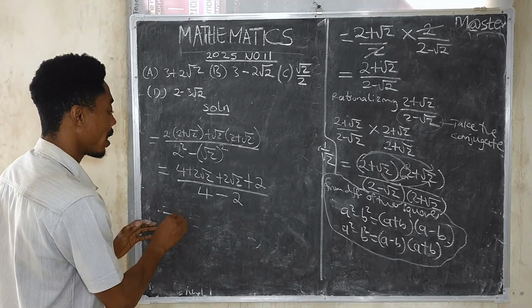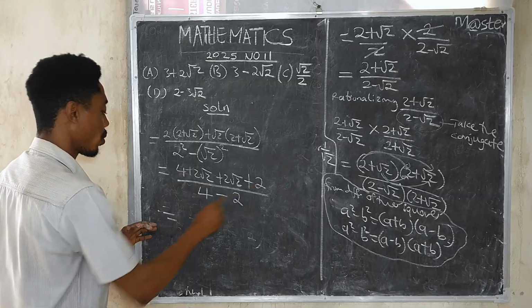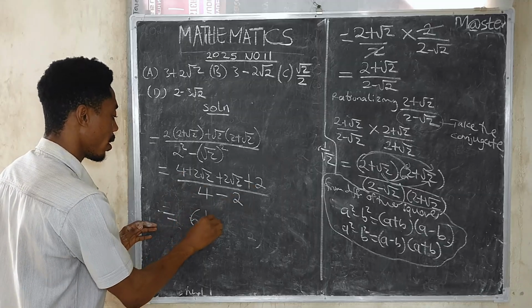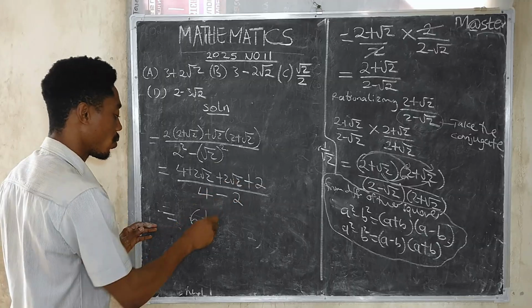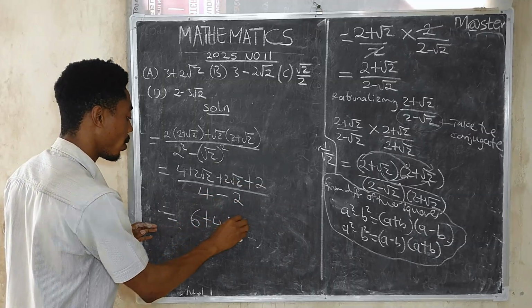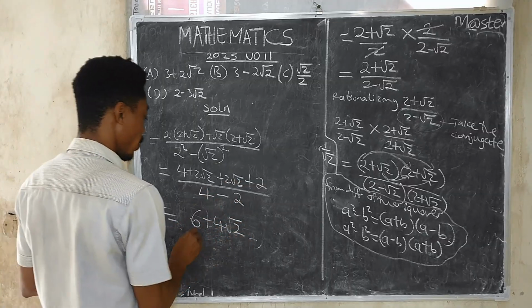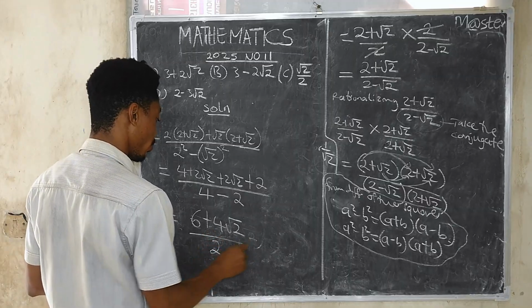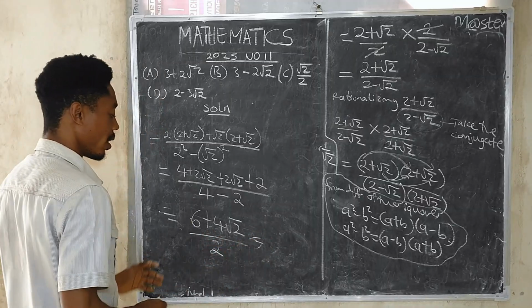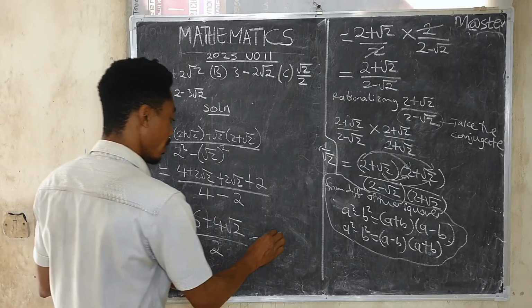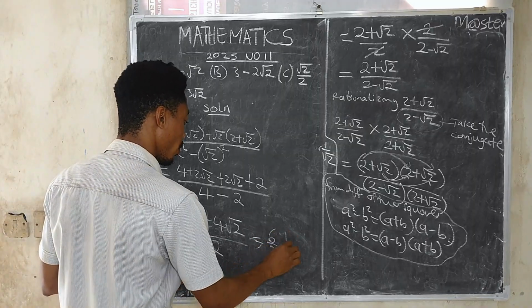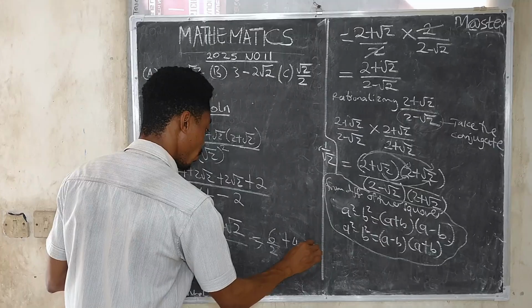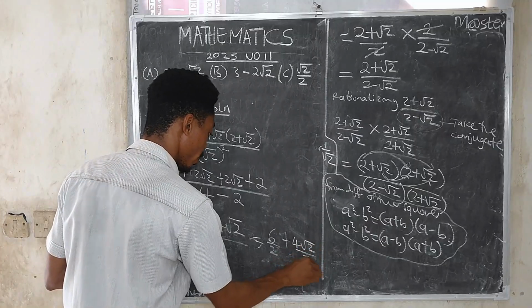Alright, so from there, I'll have 4 plus 2, that will give me 6, plus 4 root 2, all divided by 2. So this gives me, if I simplify it, 6 all over 2 plus 4 root 2 all over 2.